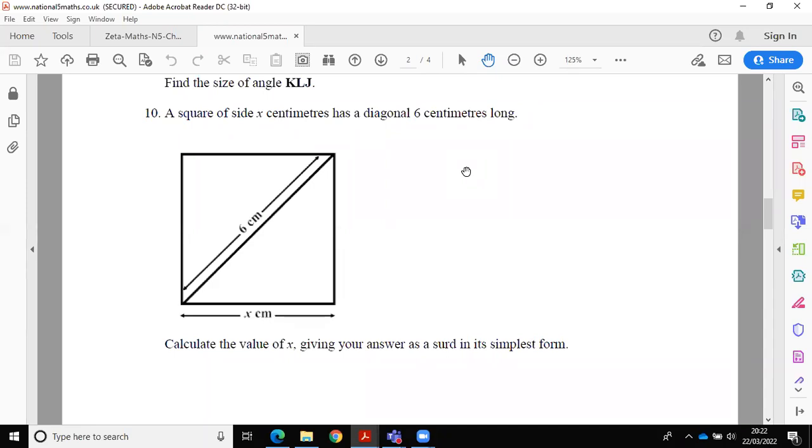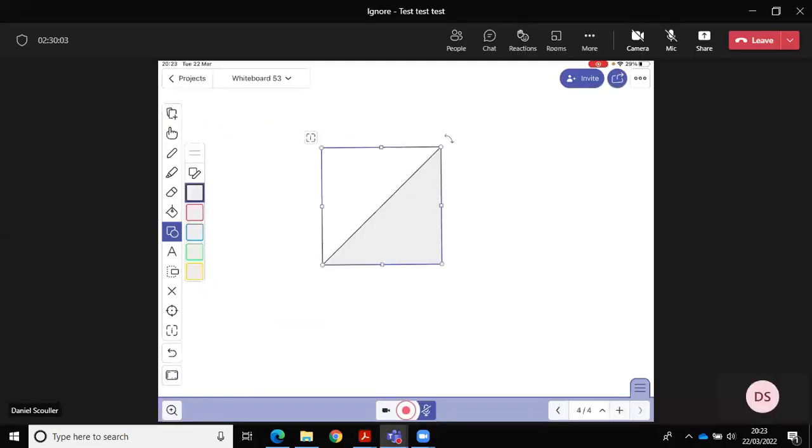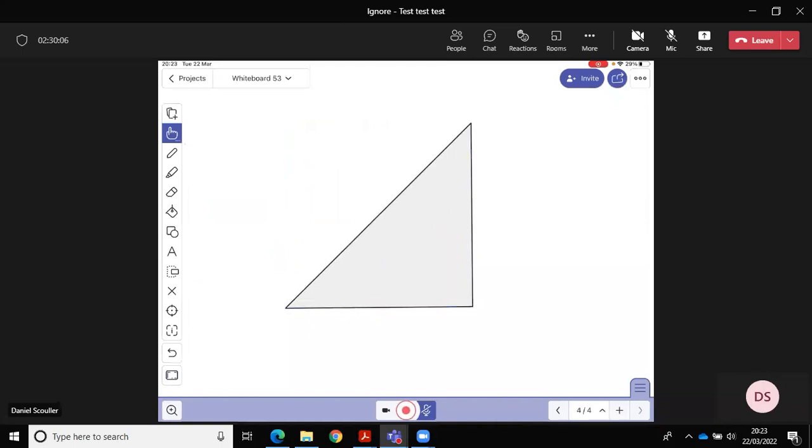So they're looking for you. I'll just draw it out. Okay, so we've got that. But that side is 6. That side is x.